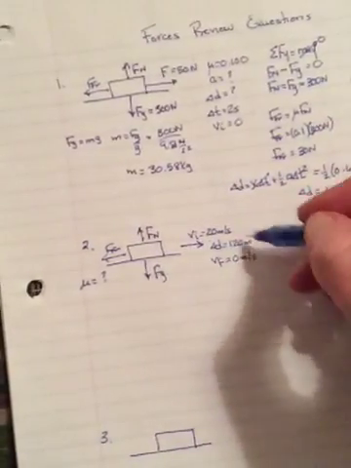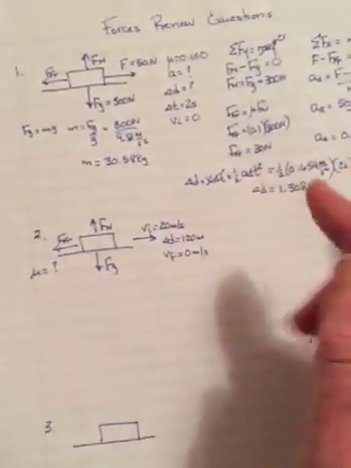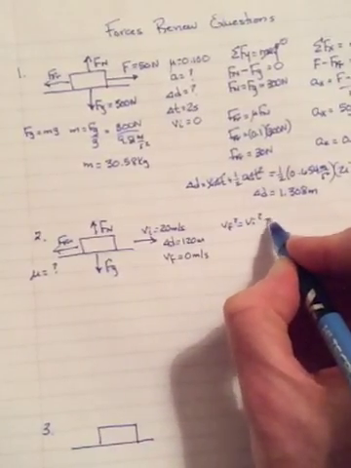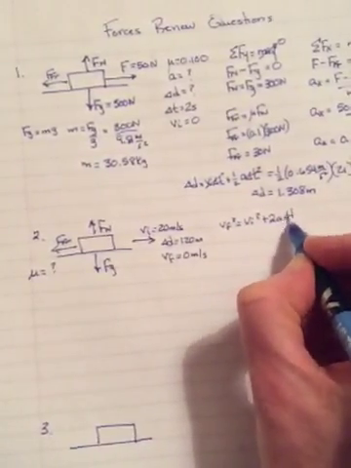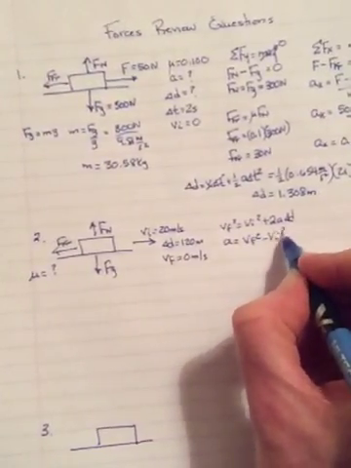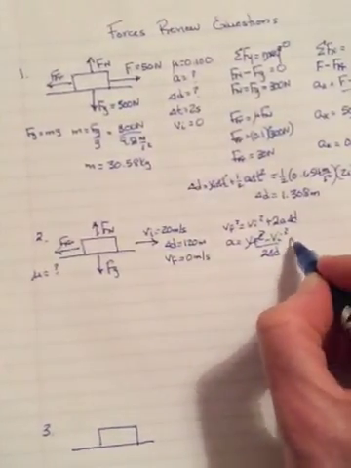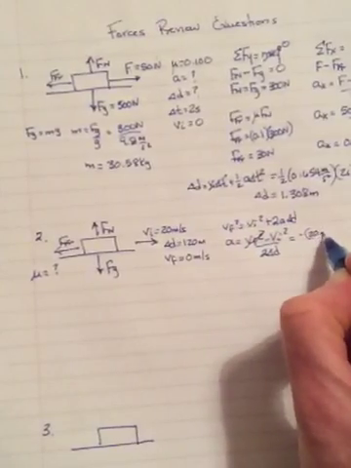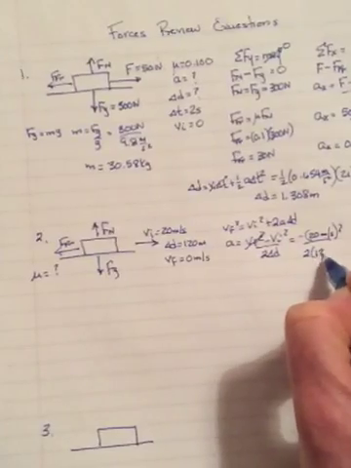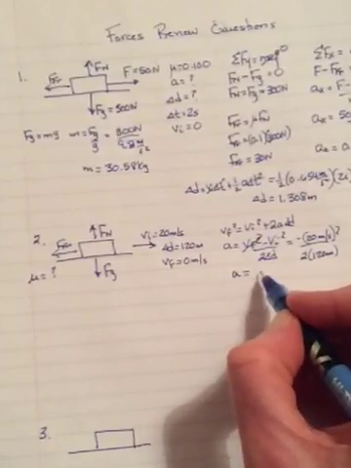But from this information, VI, delta D, and VF, we can find our A. So we know VF squared is equal to VI squared plus 2A delta D. So A is going to be equal to VF squared minus VI squared over 2 delta D. VF is 0, so negative 20 meters per second squared over 2 times 120 meters. 400 over 240.